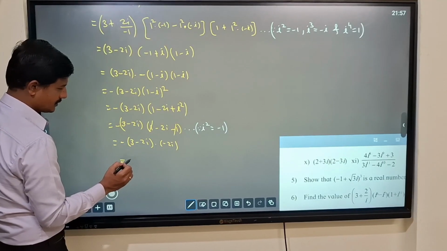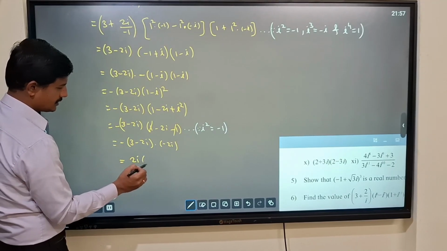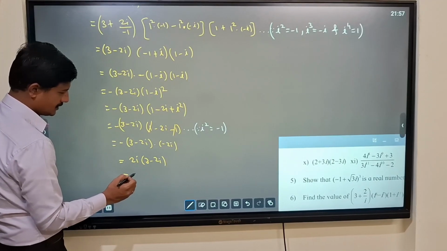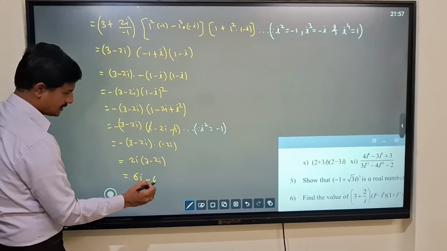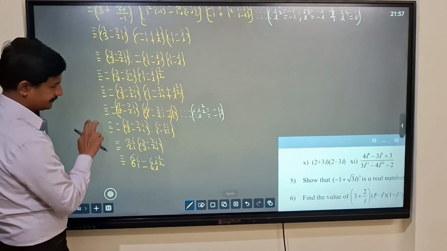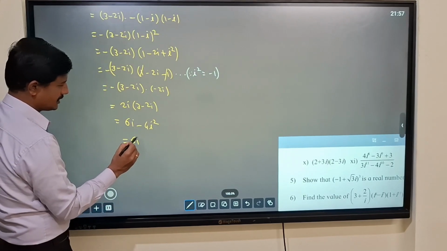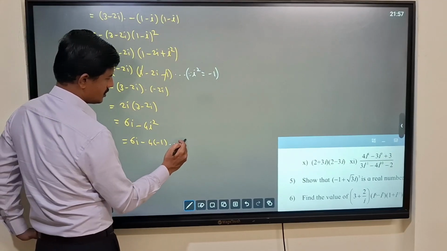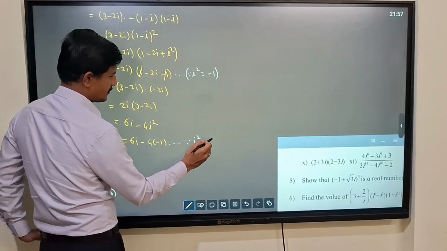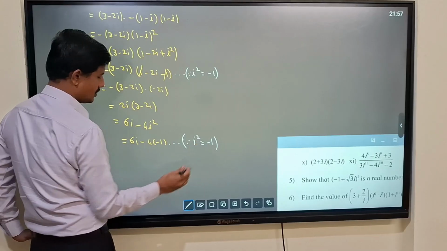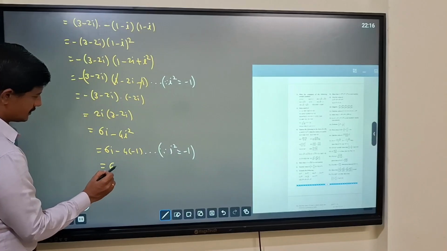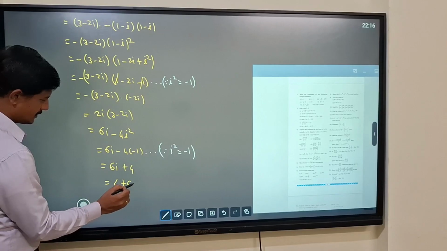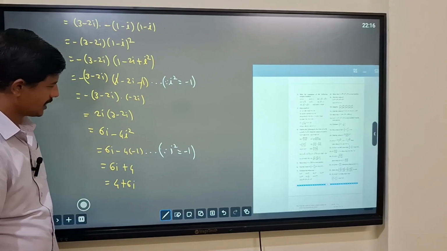So this becomes 6i minus 4i squared. So this becomes 6i minus 4 into minus 1, because i squared is simply minus 1. This is 6i plus 4. So this is 4 plus 6i, and this is the answer.